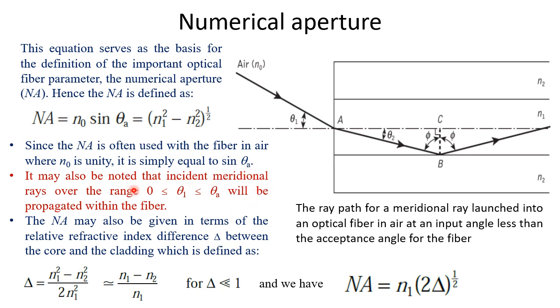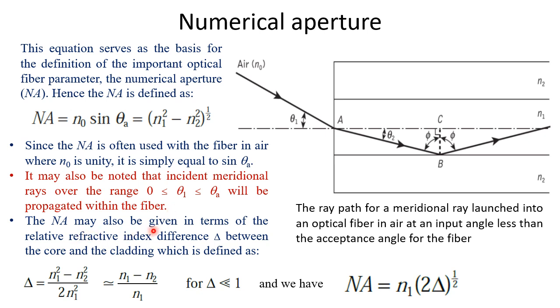Now, incident meridional ray over the range of 0 to theta a will be propagated within the fiber, that we have already said. That means when the ray is within the acceptance angle, it will be allowed by the fiber, otherwise it will be lost.